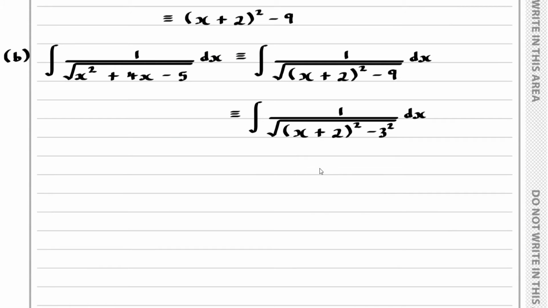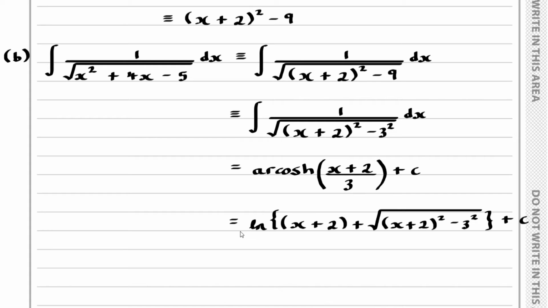And so the result of this integration is the same as the inverse hyperbolic cosine of x plus 2 over 3 plus c, or the natural log of x plus 2 plus the square root of x plus 2 squared subtract 3 squared plus c.